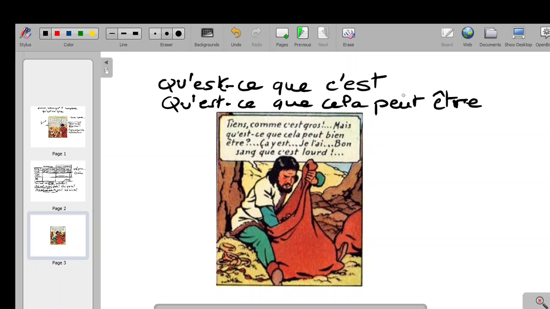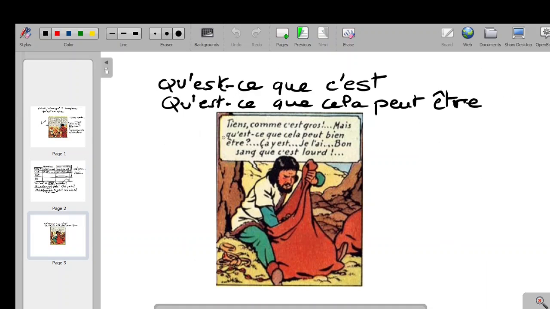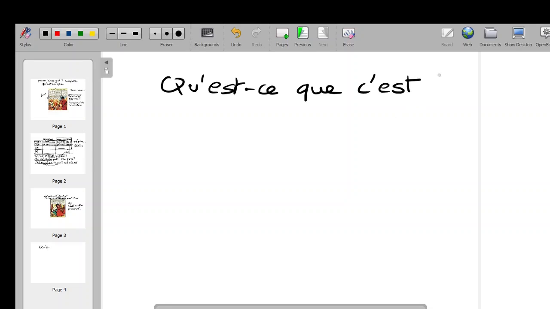It's kind of canned. You cannot really explain why it's que when you look at those rules. You just have to accept that it's que. Qu'est-ce que c'est, again, is a canned expression.